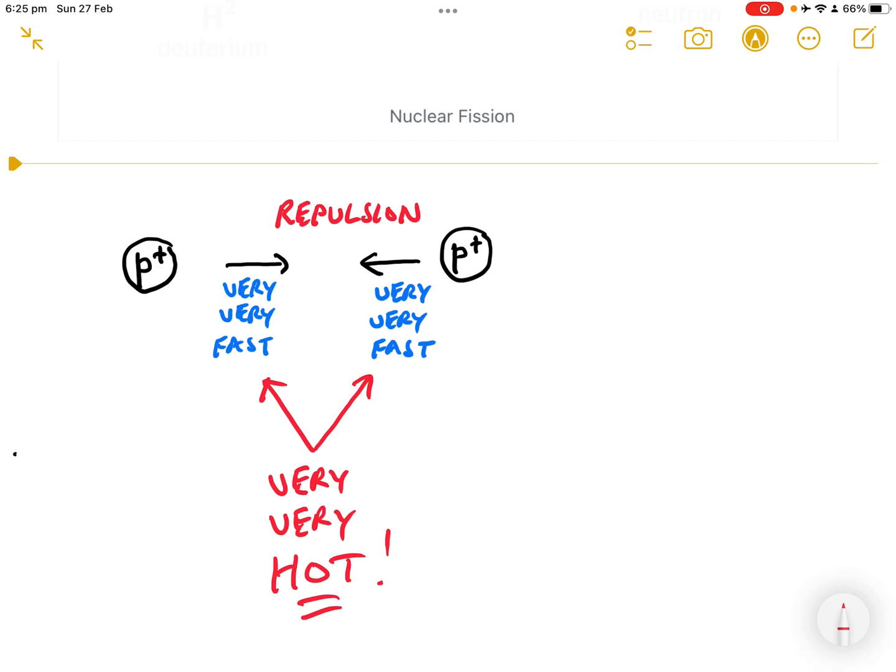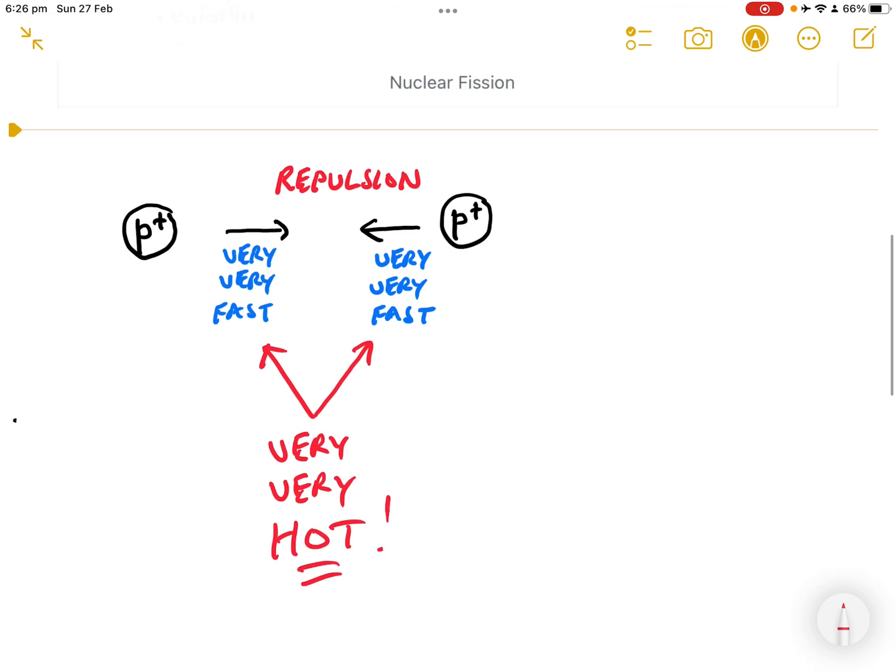Now, in practice then, when we heat up hydrogen to make its nuclei move very, very fast, the energy that we put in to give them this very high amount of kinetic energy also strips off the electrons from the outside of the hydrogen, and you end up with a plasma.